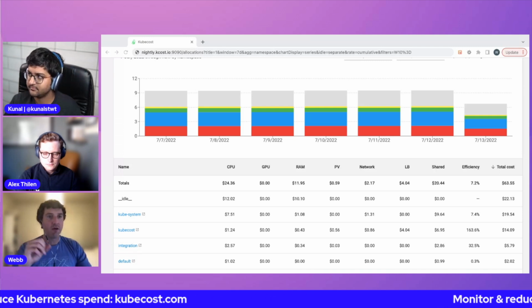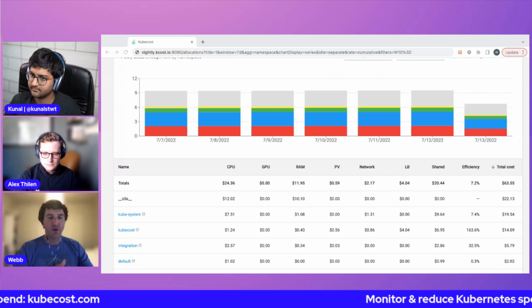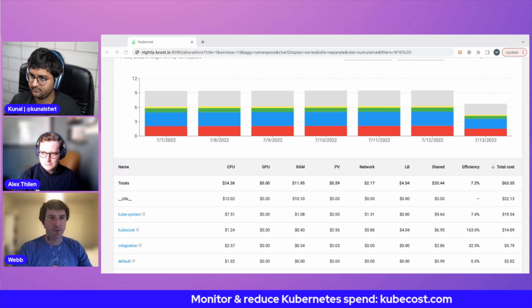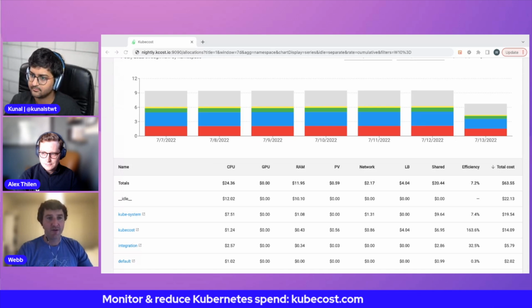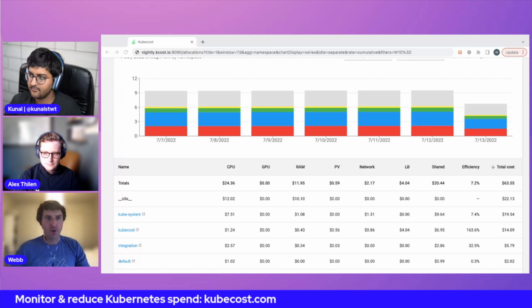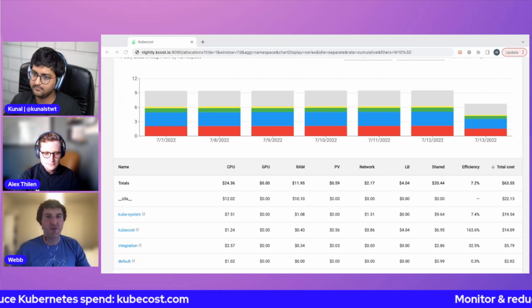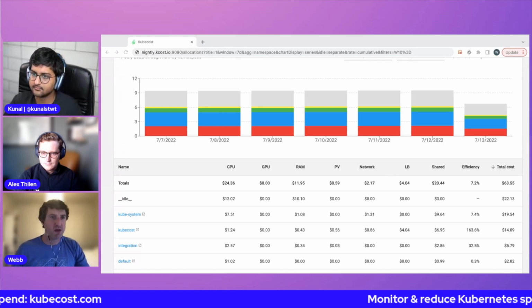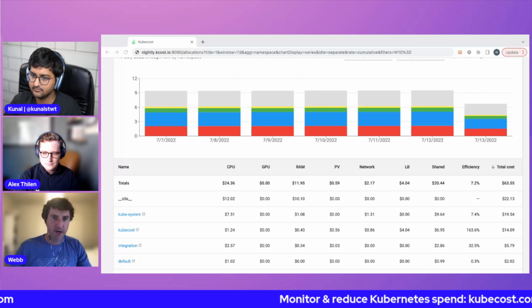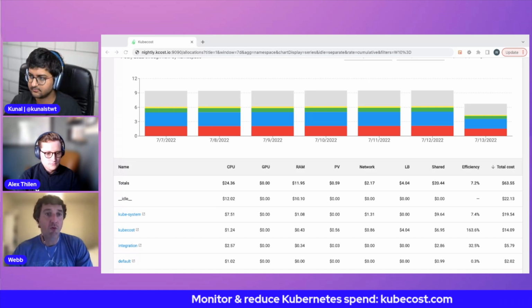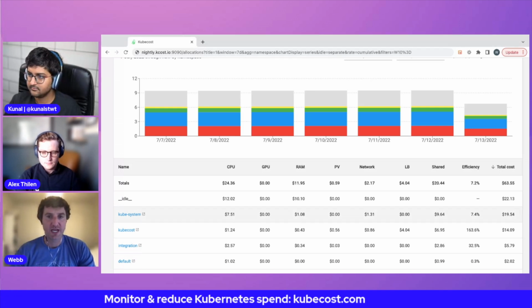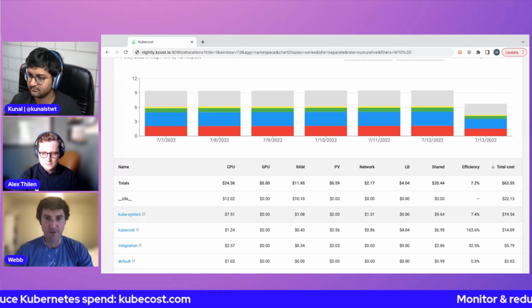So if you're using a lot of really expensive GPUs and utilizing a very small percentage of those, you're going to have low dollar utilization or efficiency, even if you're really efficient with memory and have very little idle memory, right? So right away, this would be an opportunity to say, hey, we think we can be more efficient with this particular namespace.